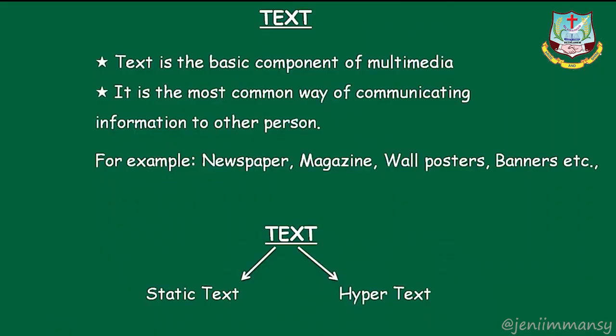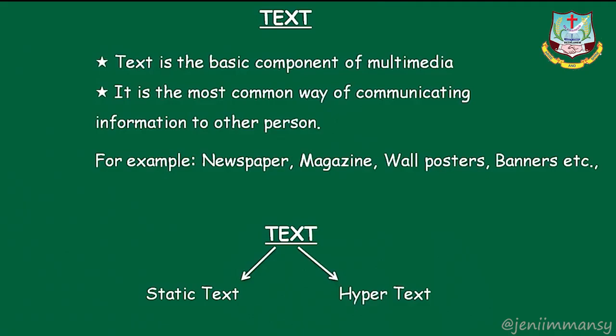First we'll see about text. Text is the basic component of multimedia. The most common way of communicating information to one another is text, right? For example, now you are using WhatsApp or Instagram or Facebook, where you use the text medium to communicate with one another.